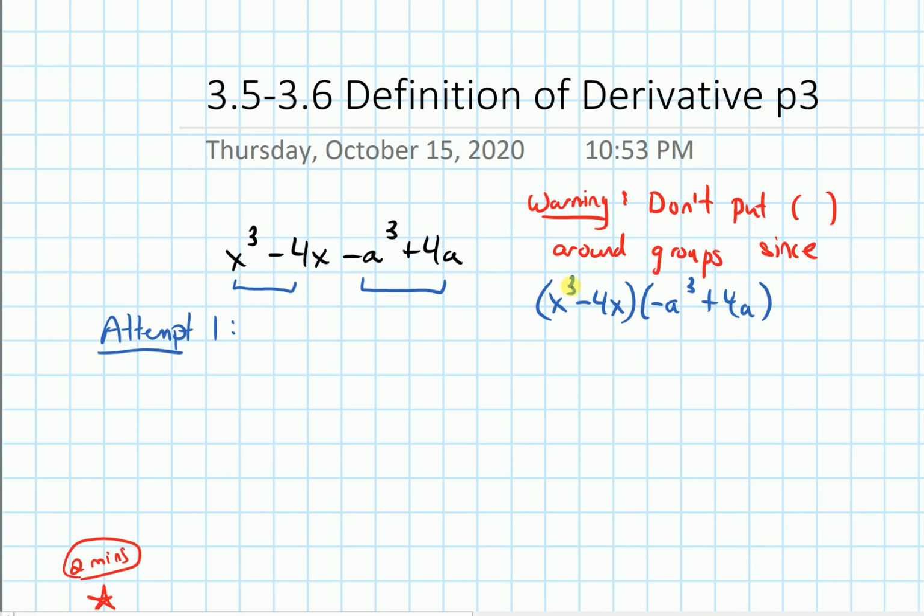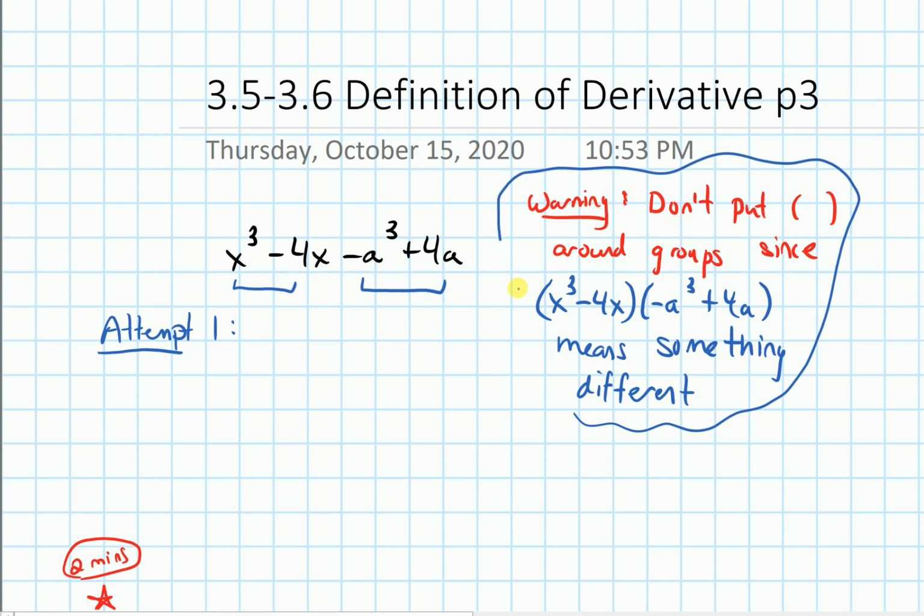And when we put the parentheses there, that means something different. That means we're multiplying the first 2 terms with the last 2 terms. But that's not what's going on in our expression. They're not being multiplied. So I want to avoid putting parentheses around the groups because that changes the meaning. And let's go ahead and put a bubble around this.